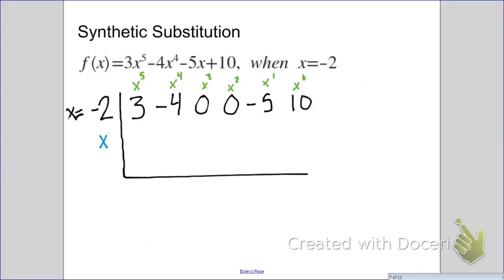Remember, we are multiplying by -2 whatever numbers come down here, and we are adding straight down. To get a number to multiply, let's bring down the 3. So 3. -2 times 3 gives me -6.